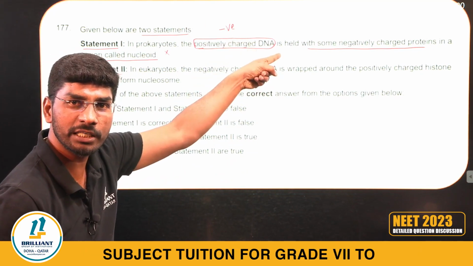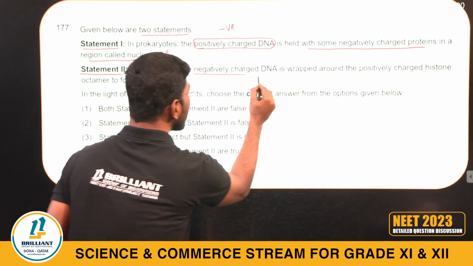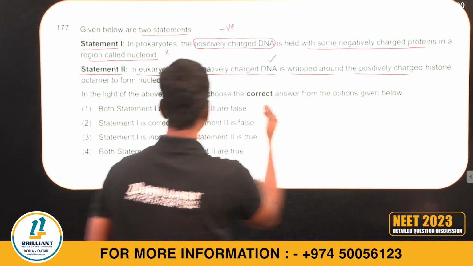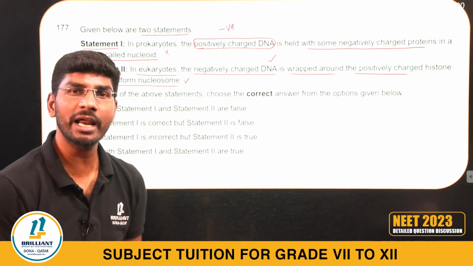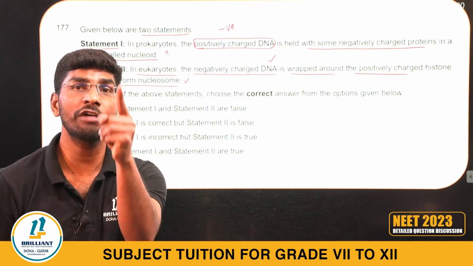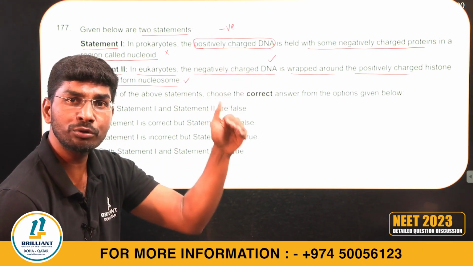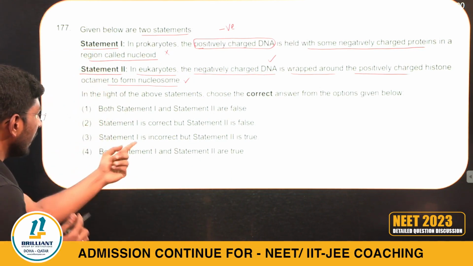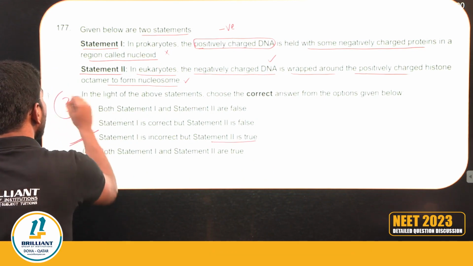DNA is negatively charged. In eukaryotes, negatively charged DNA is wrapped around positively charged histone proteins, forming nucleosomes. This statement is correct. Molecular basis of inheritance chapter. Statement 1 is wrong, statement 2 is correct. So option 3.